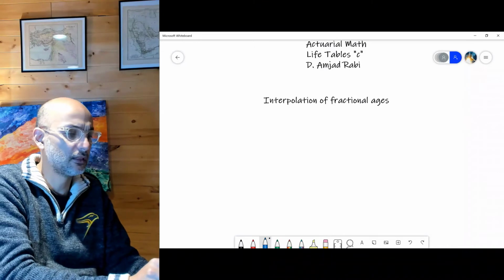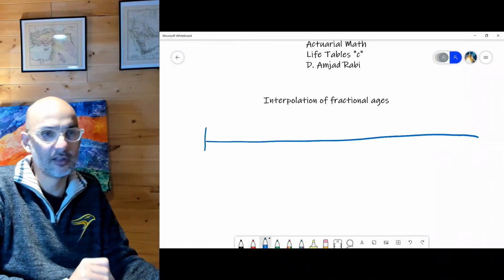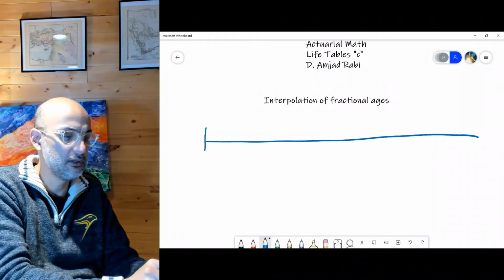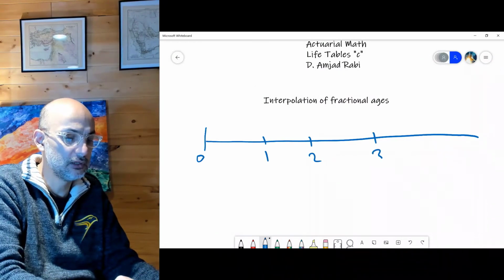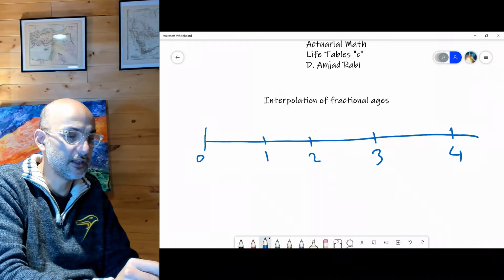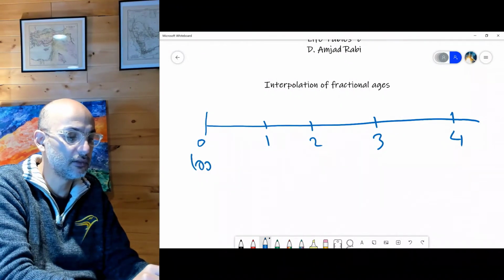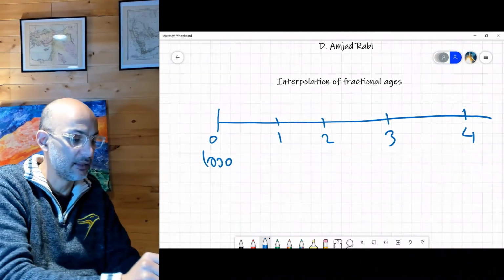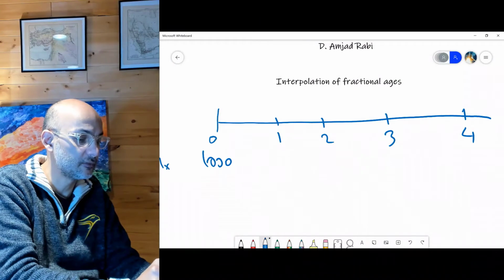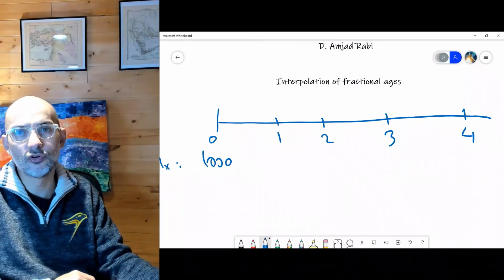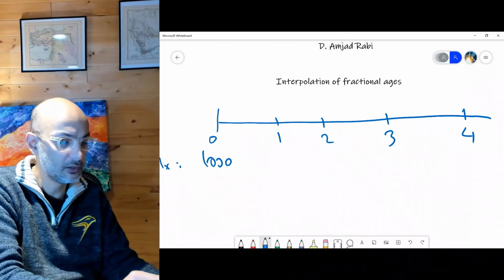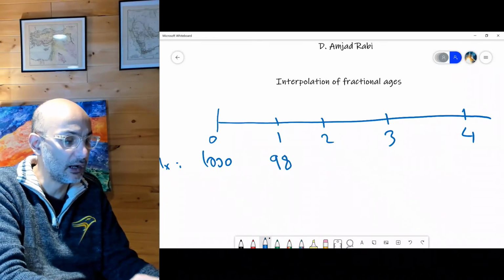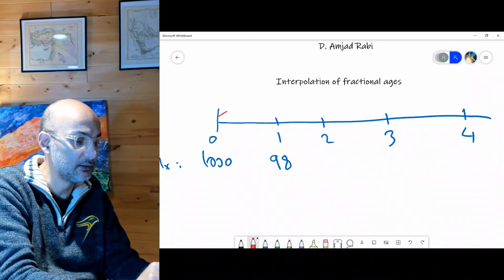We looked at a simplified example last time, and if you can remember, we started with time 0, time 1, time 2, 3, 4, and we started with a cohort of 1000. And this is, remember, this is LX. So we were tracing a cohort of 1000, and we said in the first period we have 20 deaths.